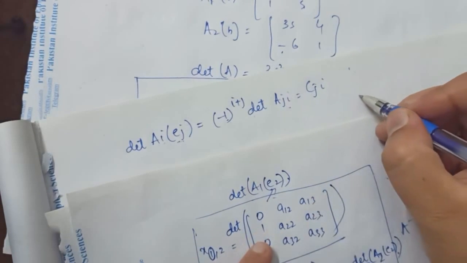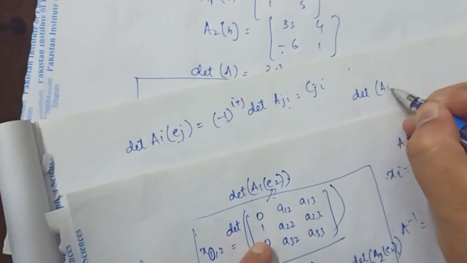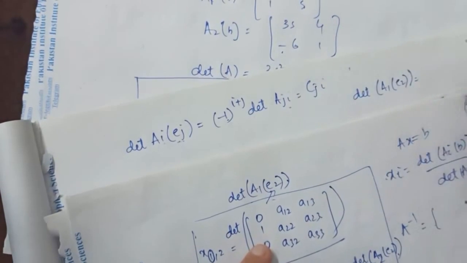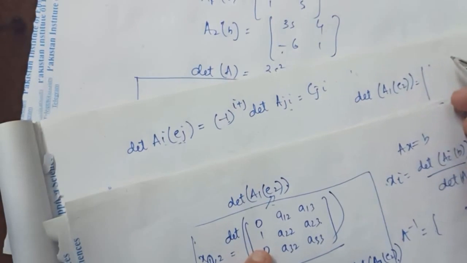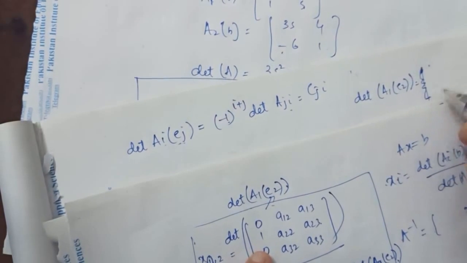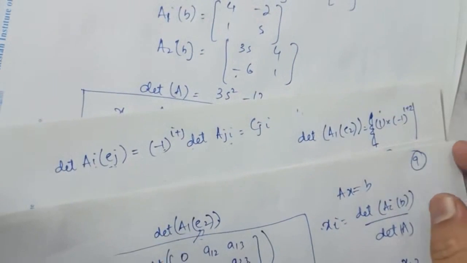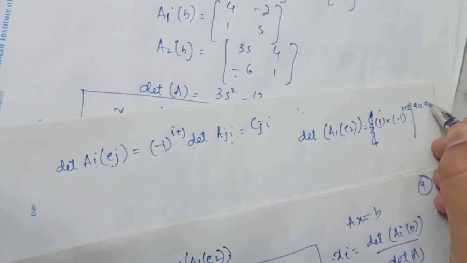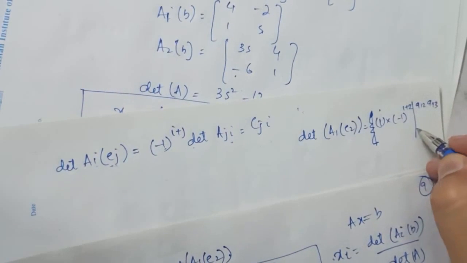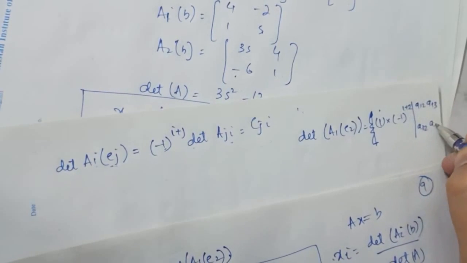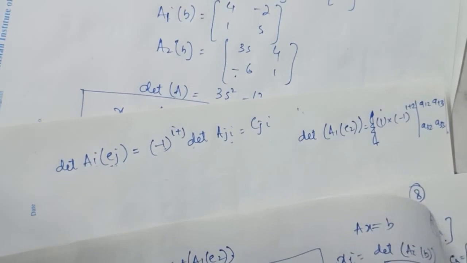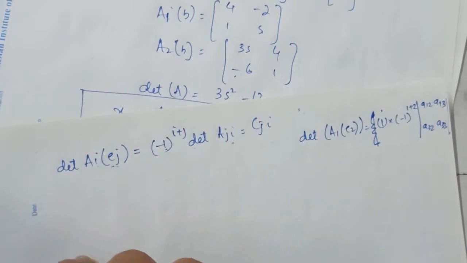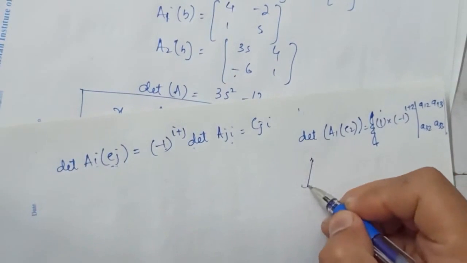The determinant of A1 E2 is equal to 1 times (-1)^(1+2) times the determinant of A12, A13, A32 and A33, right?